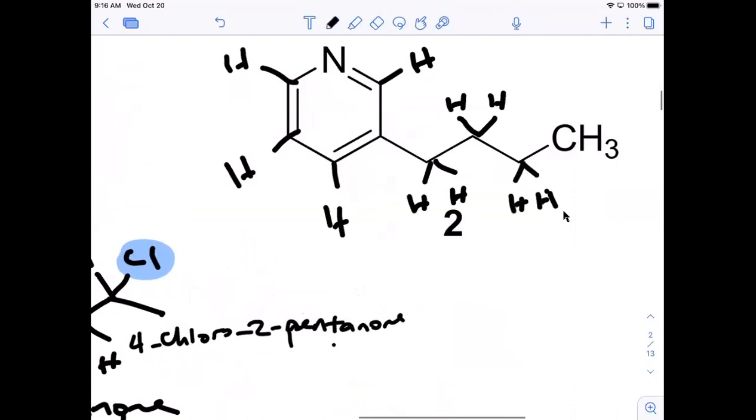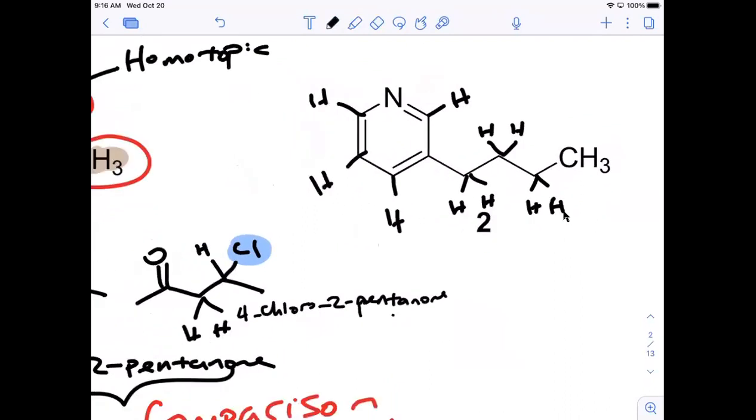And you obviously have a CH3 down there. All right, so in the chain, is anything in the chain homotopic? Yes. The 3 at the end, 4 at the end.